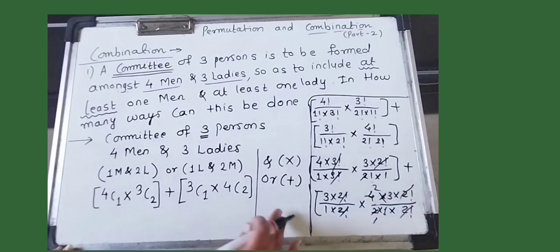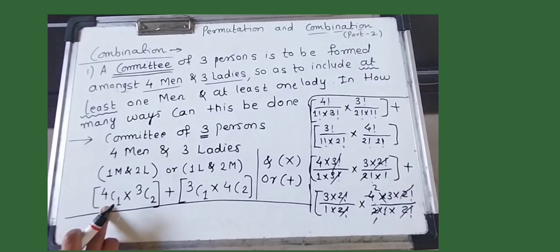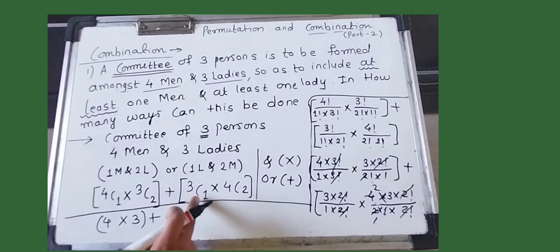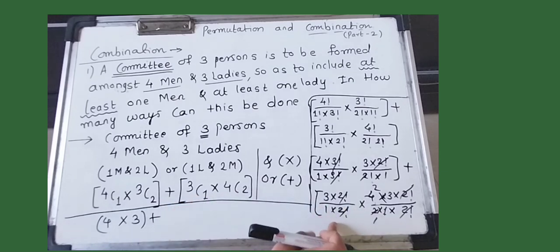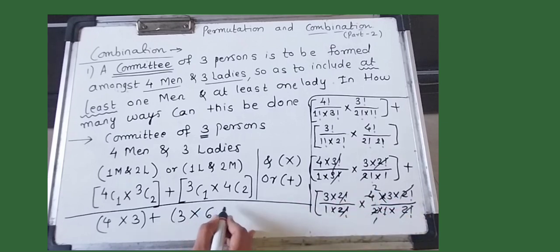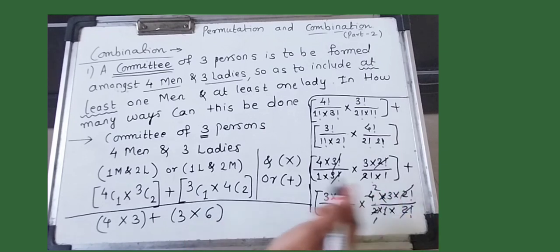So what we get, I write here: this one is 4, this one is 3. Clear? Plus this one is 3 and this is 6. 3 twos are 6.